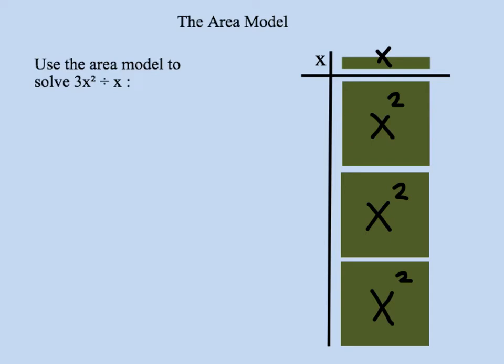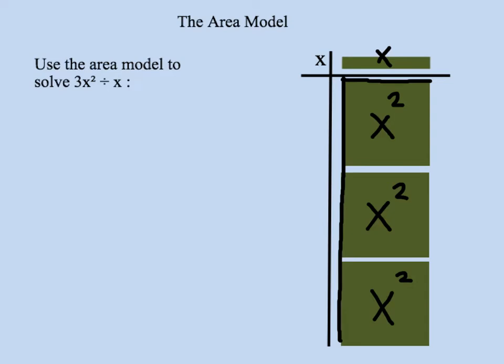We know that it's x because of the horizontal width of our area. Looking at the vertical length of our area is going to tell us what the quotient of this expression is, or what the answer to this question is.